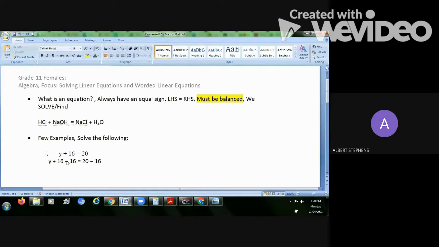The right. Remember that. And 16 from 16 will give us what? 0, not true? So therefore y is equal to what? 4. Are you following? Yes, sir.